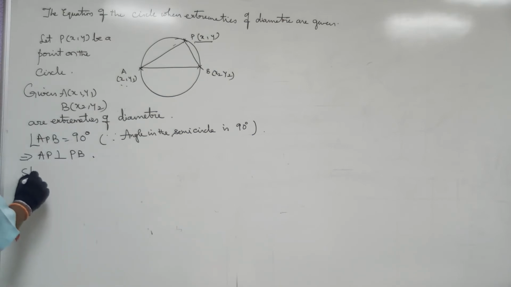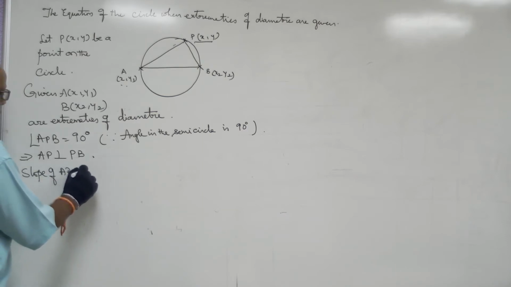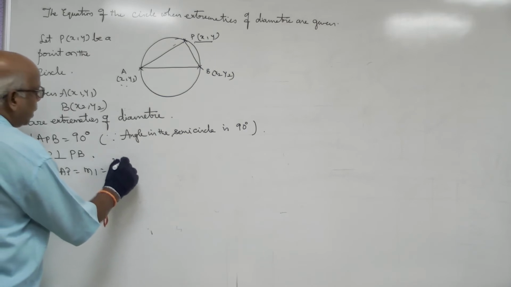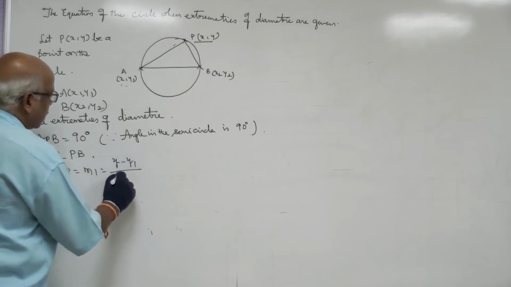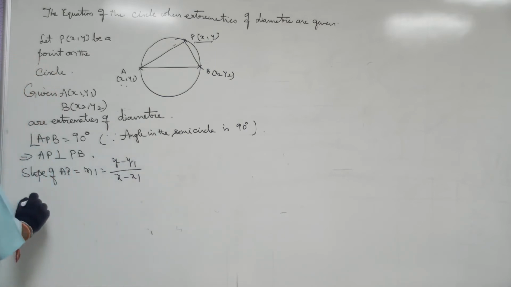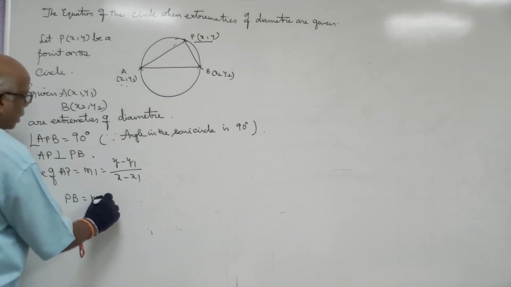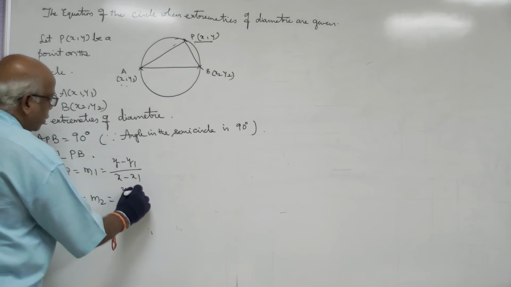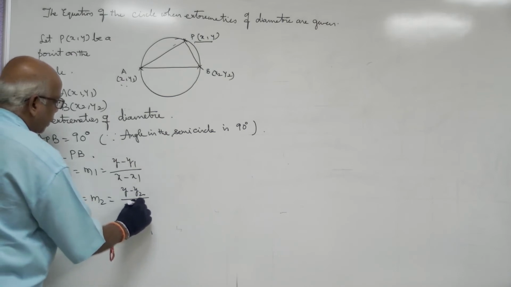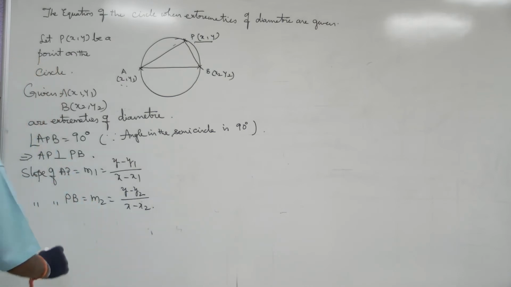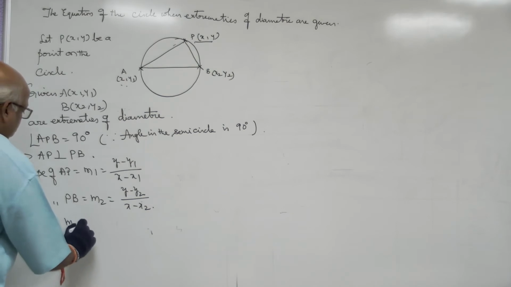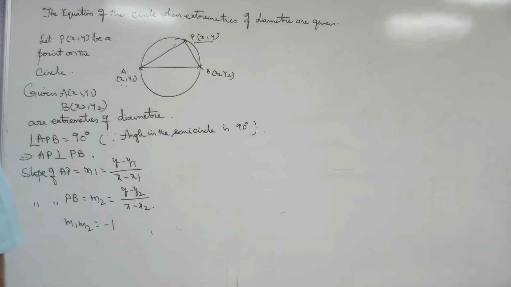Slope of AP, M1, equals (y minus y1) by (x minus x1). Slope of PB, M2, equals (y minus y2) by (x minus x2). M1 M2 equals minus 1. How did you obtain this?